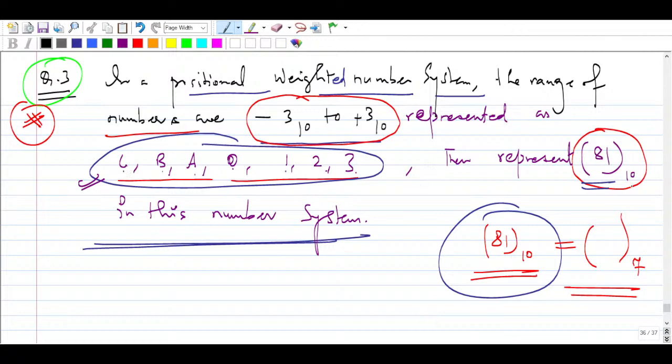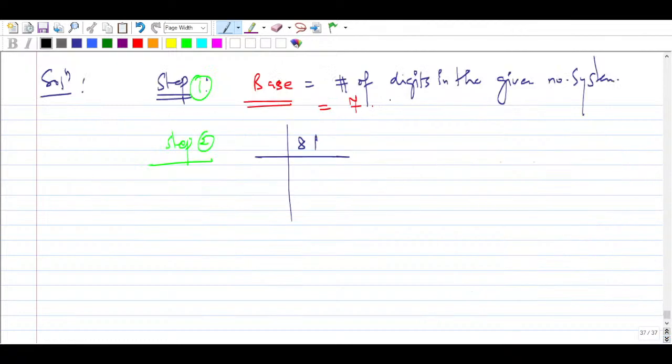Then represent 81 base 10 in this number system. I don't know what the base of this number system is, so I found the base is 7. How did I find it? From the definition itself. What is the definition of base? Base is defined as the number of digits in the given number system. I hope this makes sense to everyone.